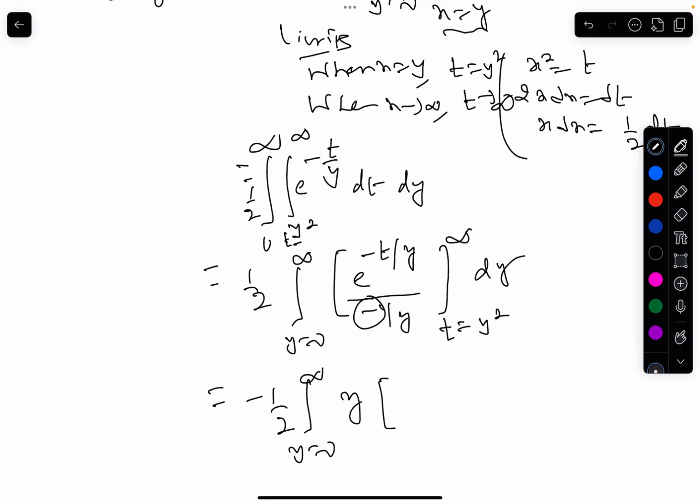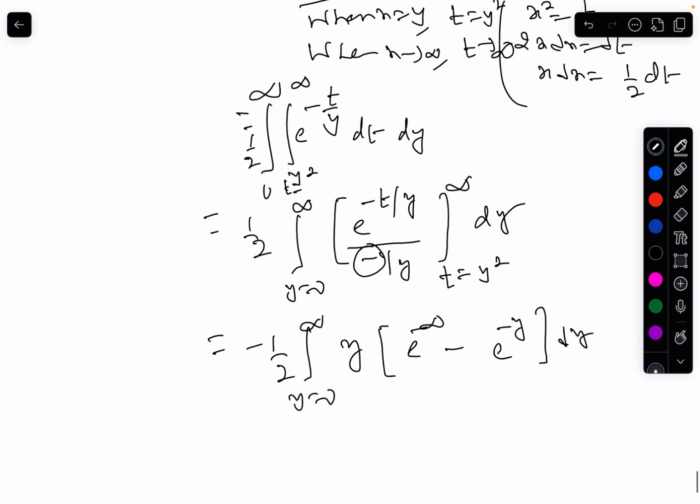Now this t tends to infinity, so this is e power minus infinity minus, when t tends to y square, e power minus y square by y, so e power minus y dy.